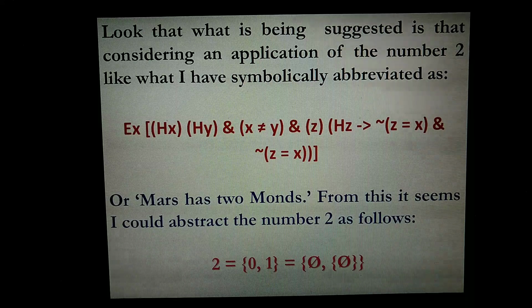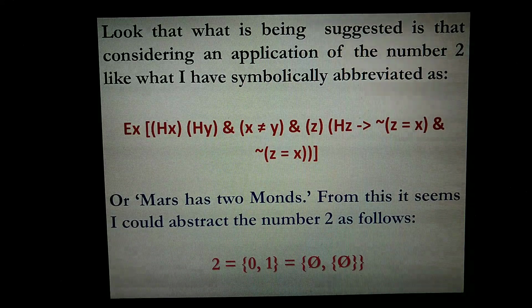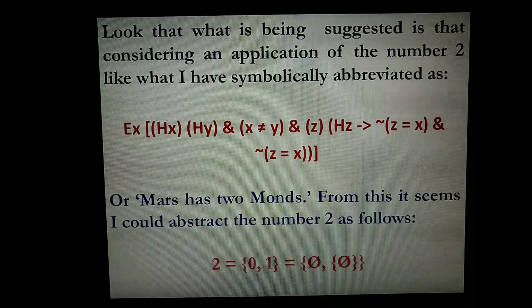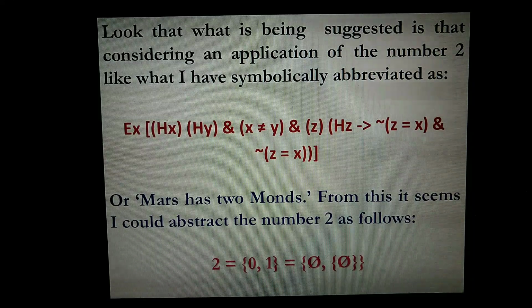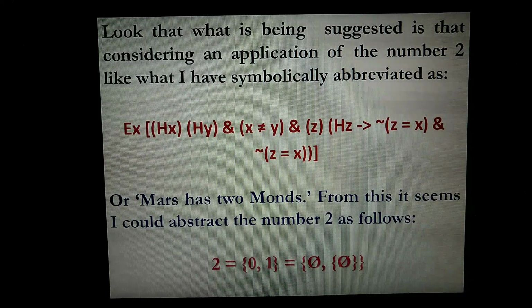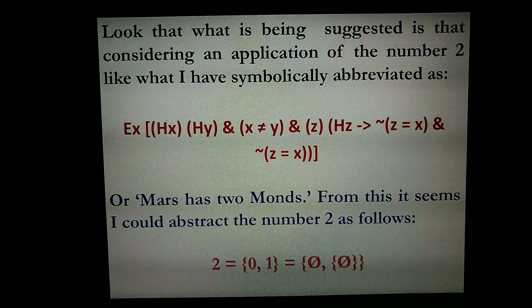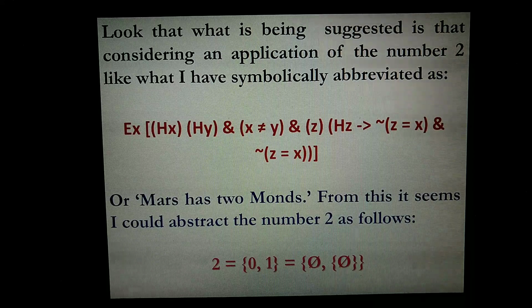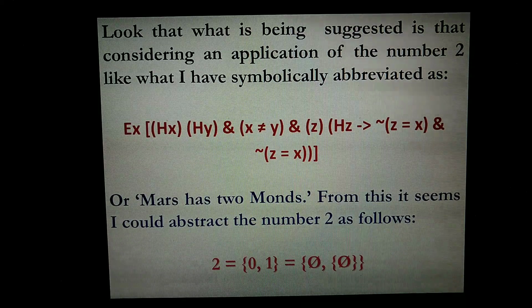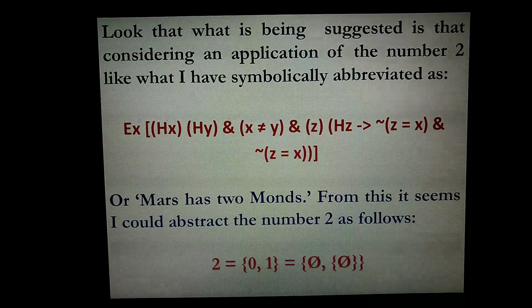Look, what is being suggested is that considering an application of the number 2, like what I have symbolically abbreviated as exists x, so that Hx, Hy, and they are different, and for all z, here I think there's an error again.